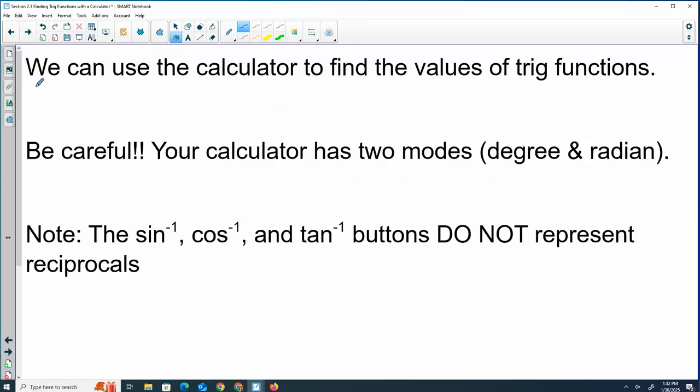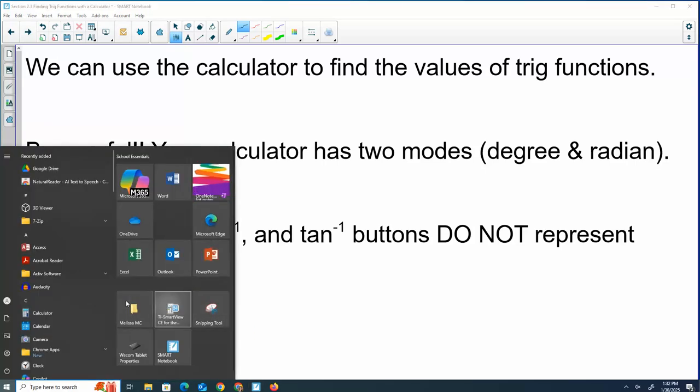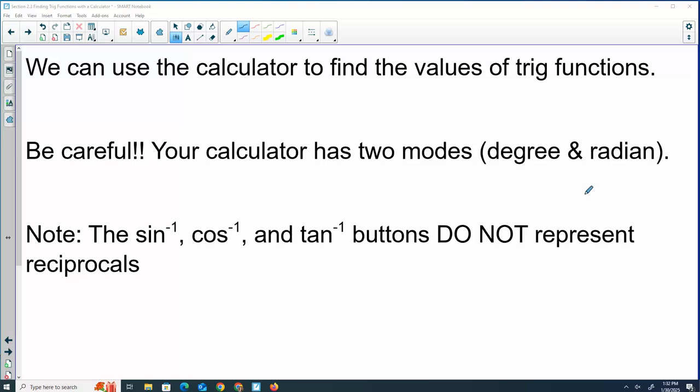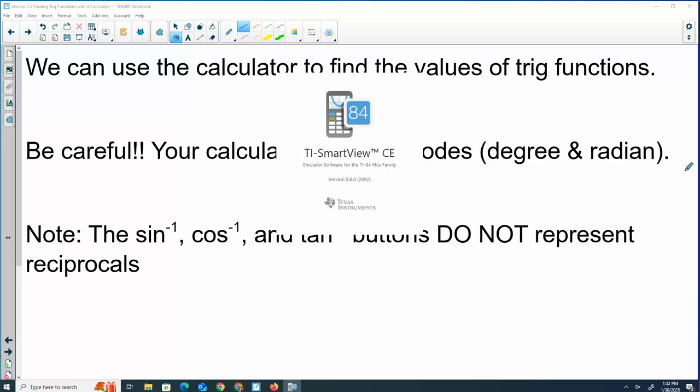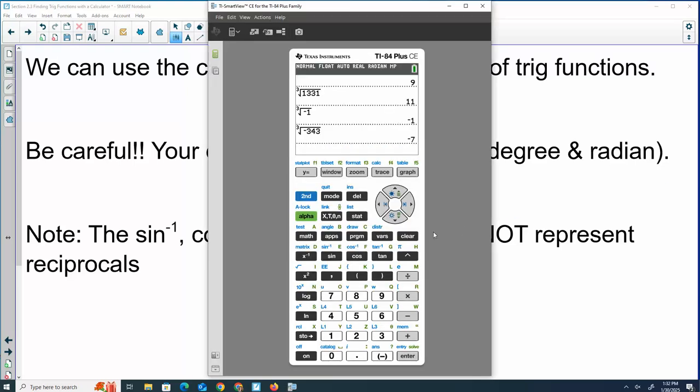So when we are on our calculators, we need to be careful. There are actually 2 different modes on our calculators, degrees and radians. We have not learned radians yet, so right now we are in degrees. If you're using one of these, to check your mode, there's a mode button right by that second.